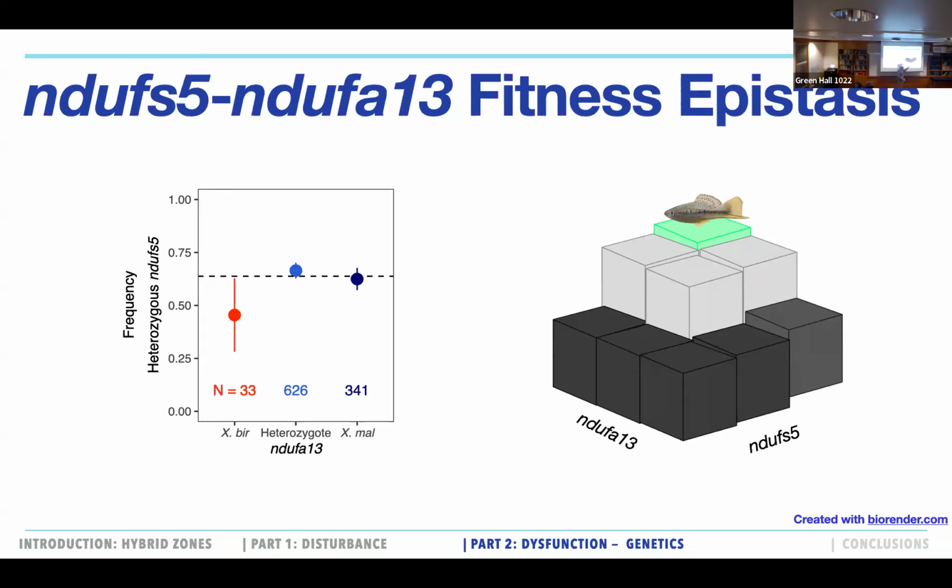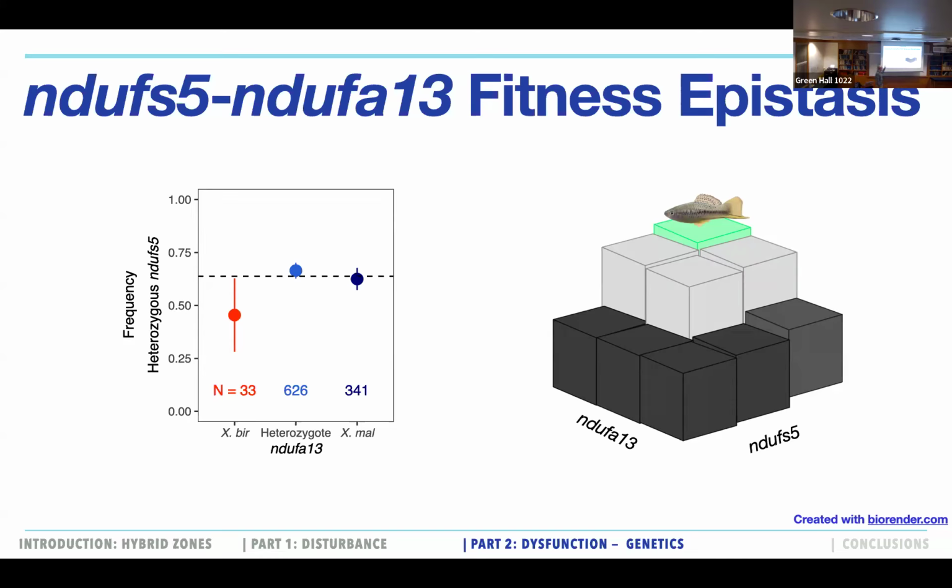And what we found is that if you're a heterozygote for NUFS5, the individuals with Birchman and NUFA13 are even less common than we would expect under an additive model. On their own, the two are almost totally recessive.